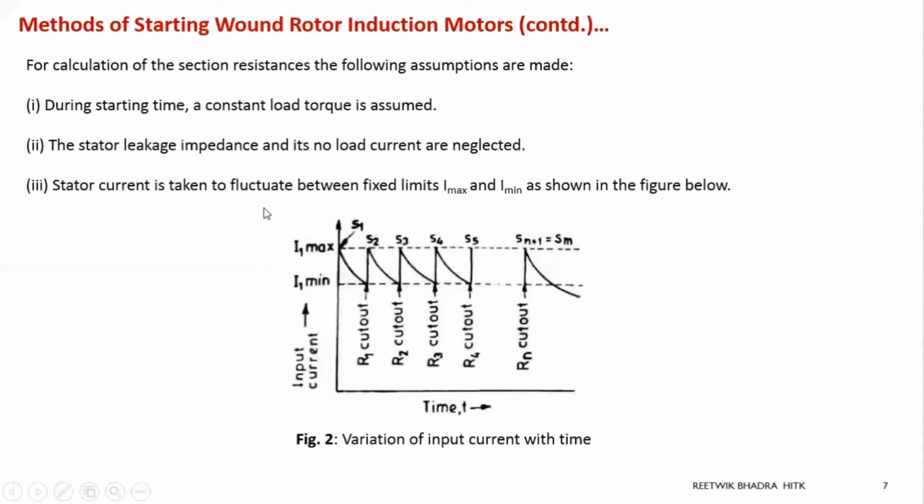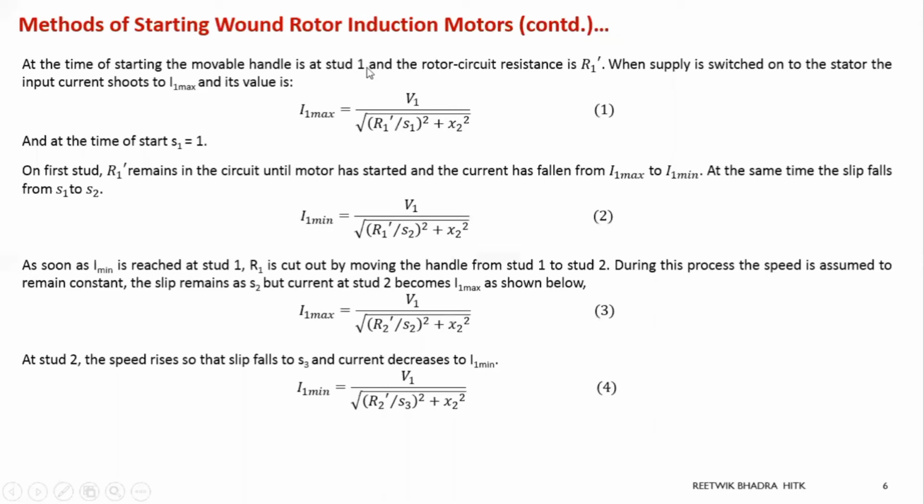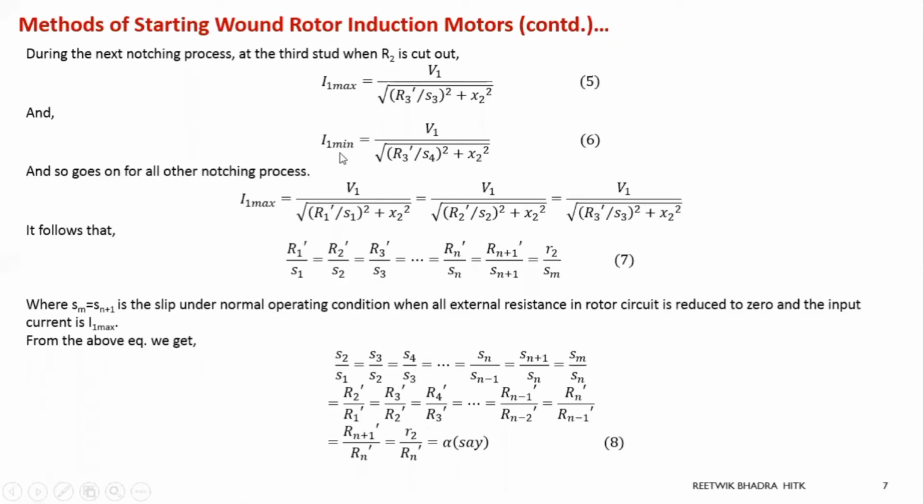Now, since we have taken this consideration over here, all maximum points are same and all minimum points are same. So you can say that all these calculated I1 max, because of R1 dash, because of R2 dash, I1 max because of R3 dash, all these are same.